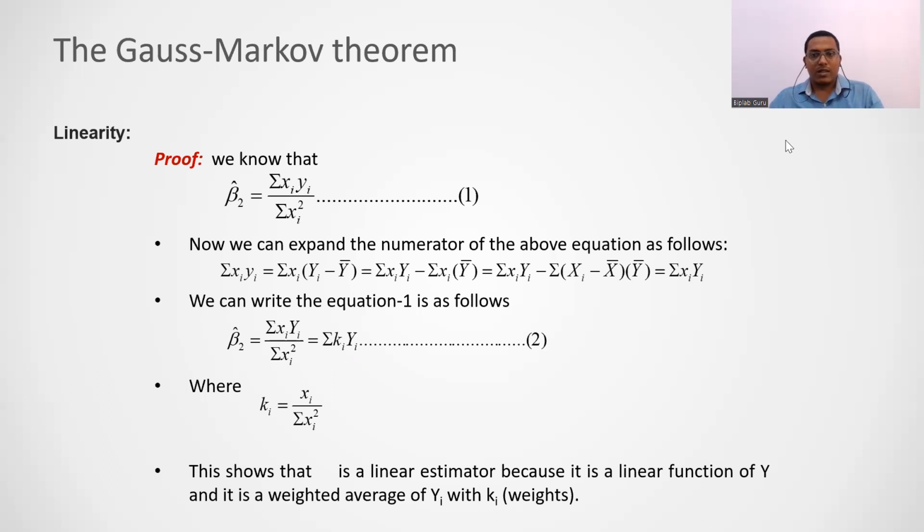So if you can see, beta 2 hat becomes summation xi capital Y over summation xi square.